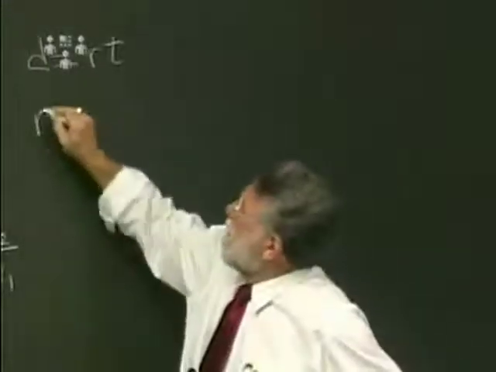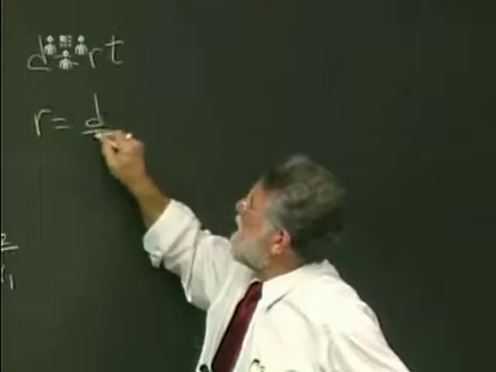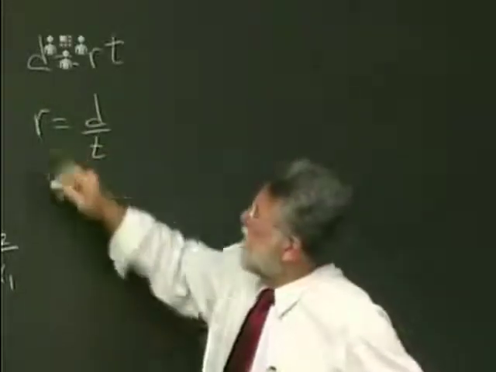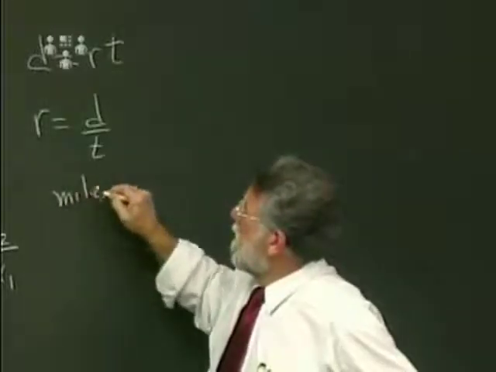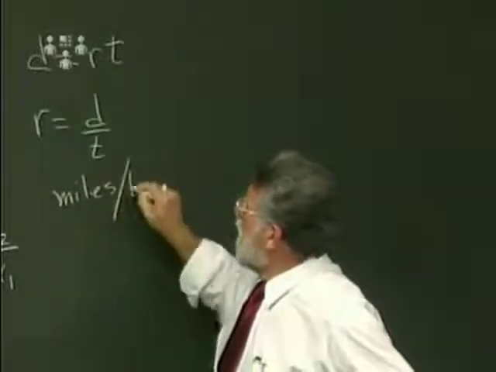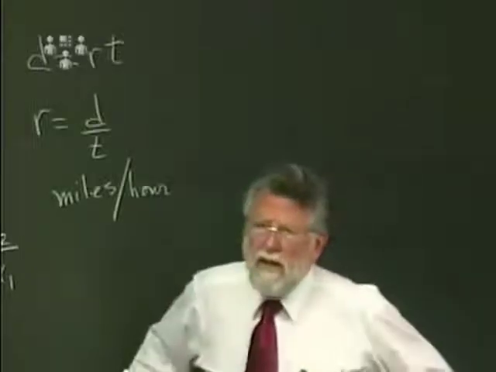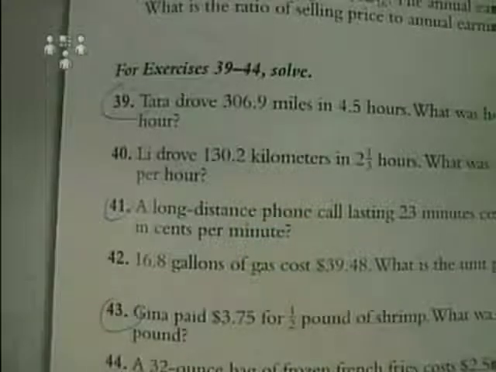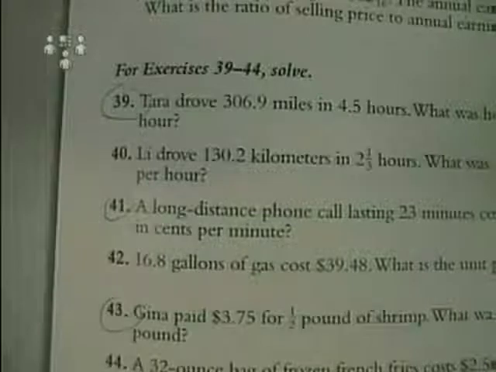So if we look at R, it's d over t. So your miles per hour is a rate, and we usually refer to this in miles per hour. So if I go back to the problem that's just given, I have 306.9, and it's in 4.5 hours, this was miles, this was hours.